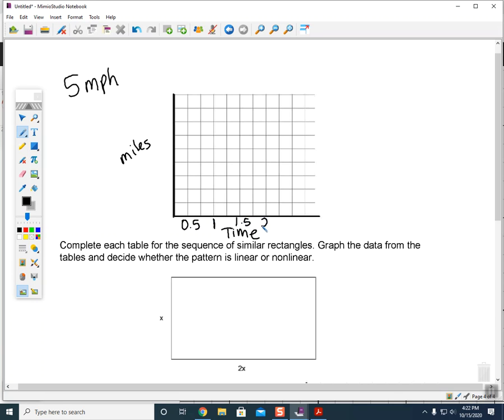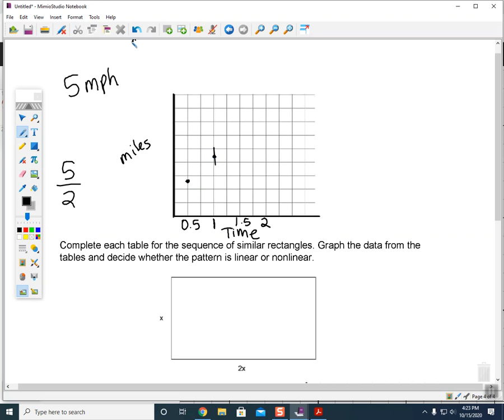I don't think I'm going to be able to have space for all of this. When I have gone a half an hour, how many miles have I gone? Well, I'm going to take 5 divided by 2, half an hour. So that's going to be 2.5. So I'm going to put a point here. Okay. After 1 hour, I have gone 5 miles, right? 1, 2, 3, 4, 5.